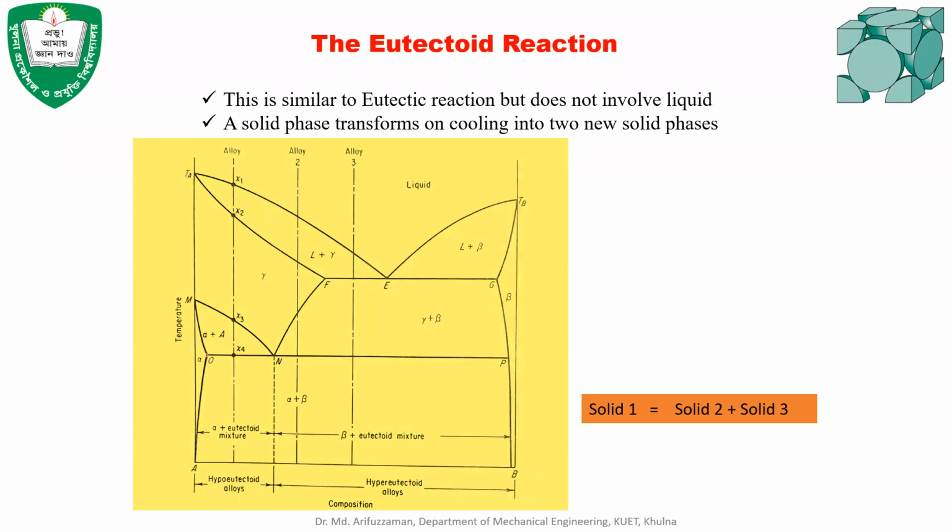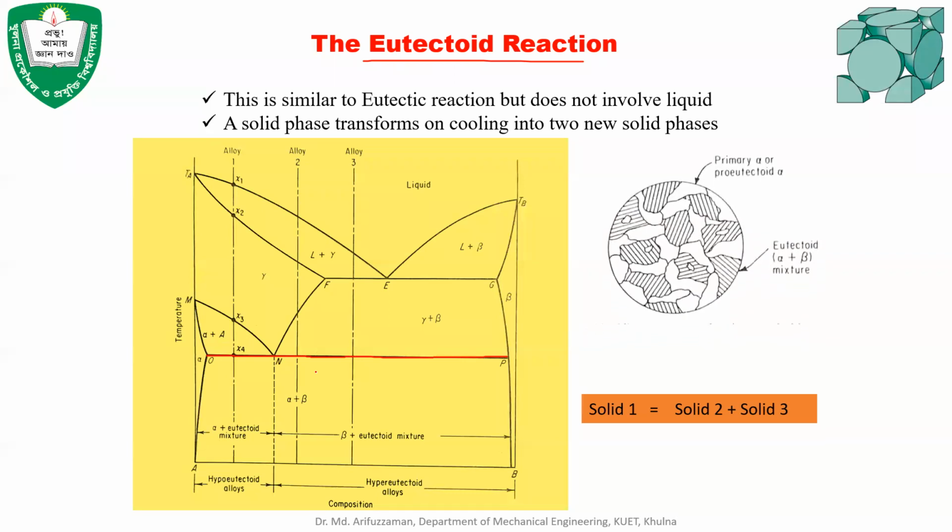In the case of the eutectoid reaction, this line O N P indicates the eutectoid reaction line. At this temperature, along the line from O to P, the transformation will occur based on the eutectoid reaction. That means a solid will convert into another solid phase.